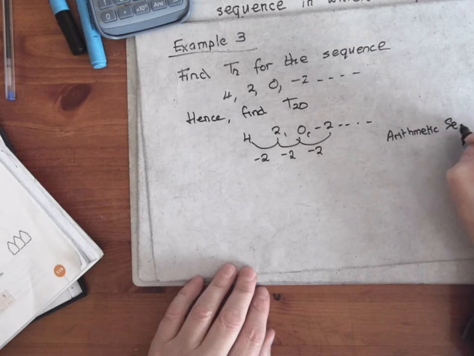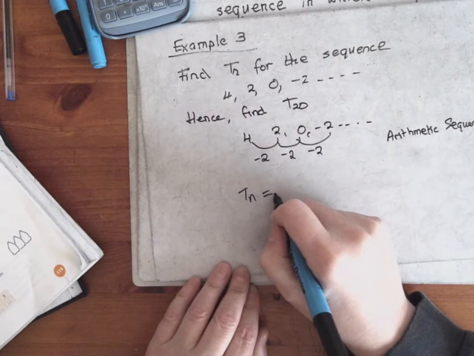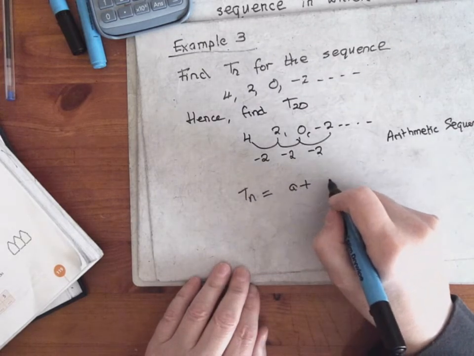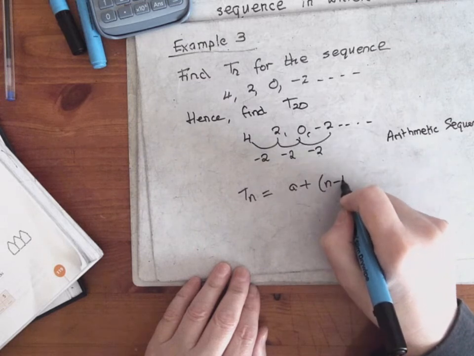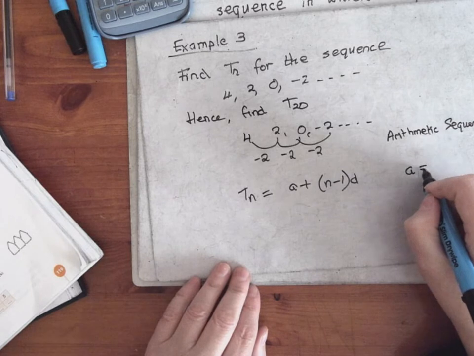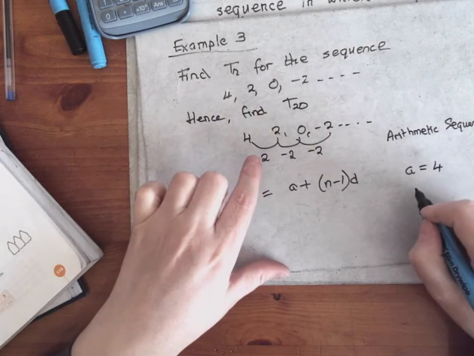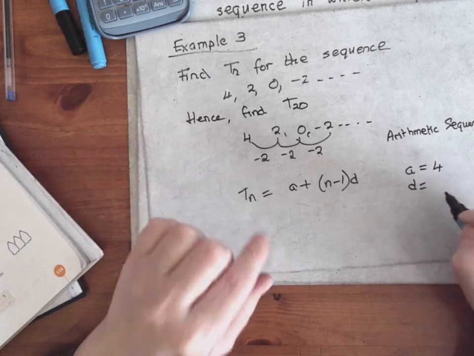So the formula is Tn equals a plus n minus 1 times d. So a is the first term, which is 4. Okay? And d is what you're adding on each time.